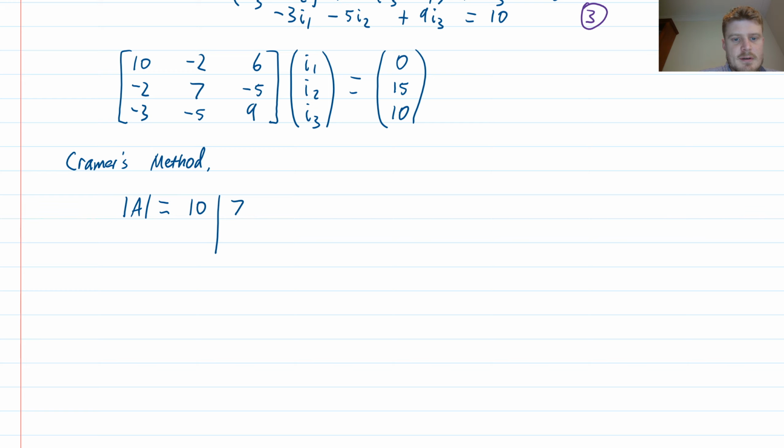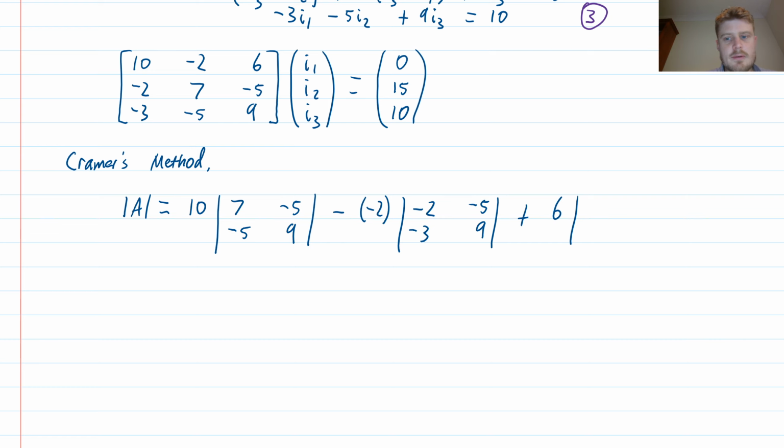So I'm just going to pretty much write these down. If you're not familiar with this pattern of how to evaluate determinants, then go back and have a look at the video that I made about solving simultaneous equations using Cramer's method, and it will show you in a little more detail the pattern for how to actually go and do this.